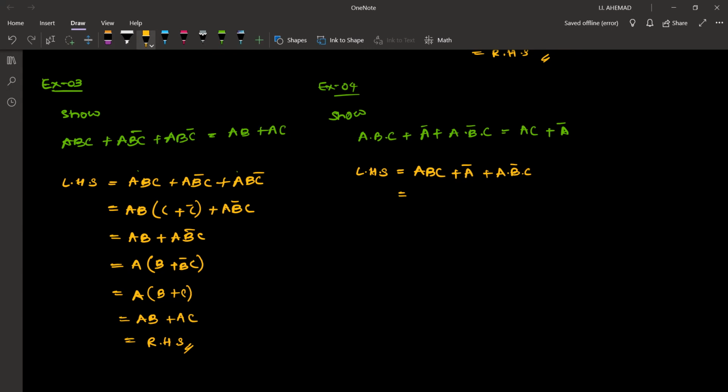I think we can simplify further because we get the answer in a single step. Let's see if we can simplify further.